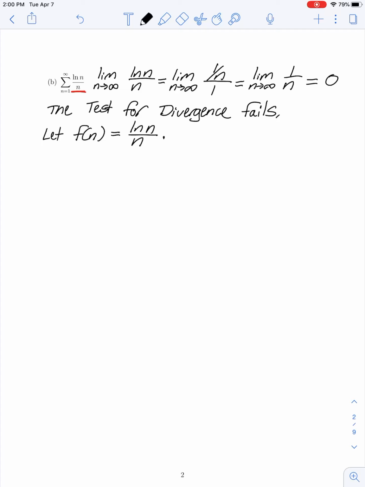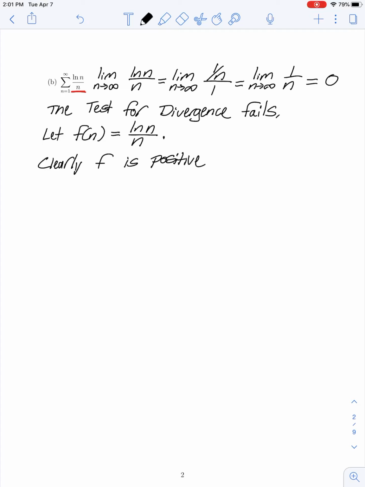So here, we have a ratio of 2 positive valued functions. We know natural log of n is always greater than 0 for n greater than 1. So we can say clearly f is positive.